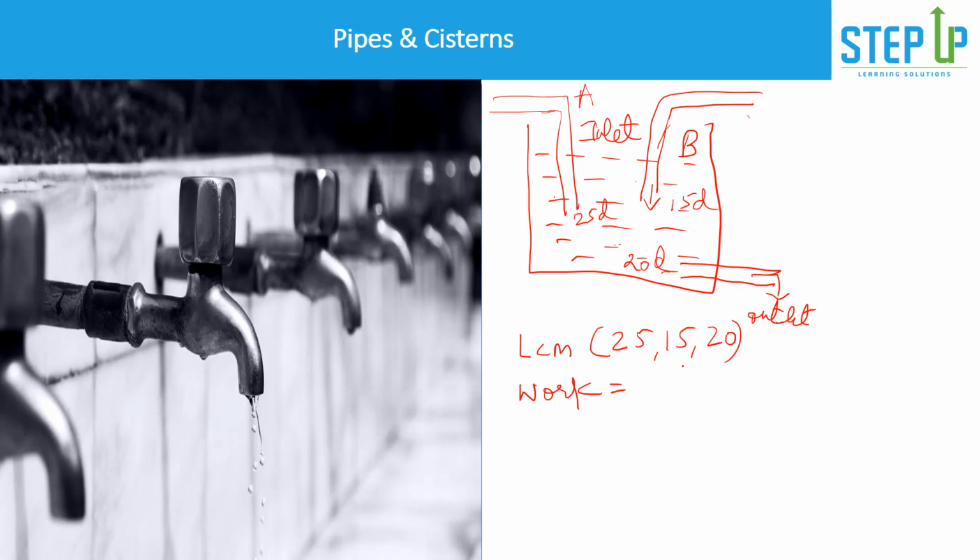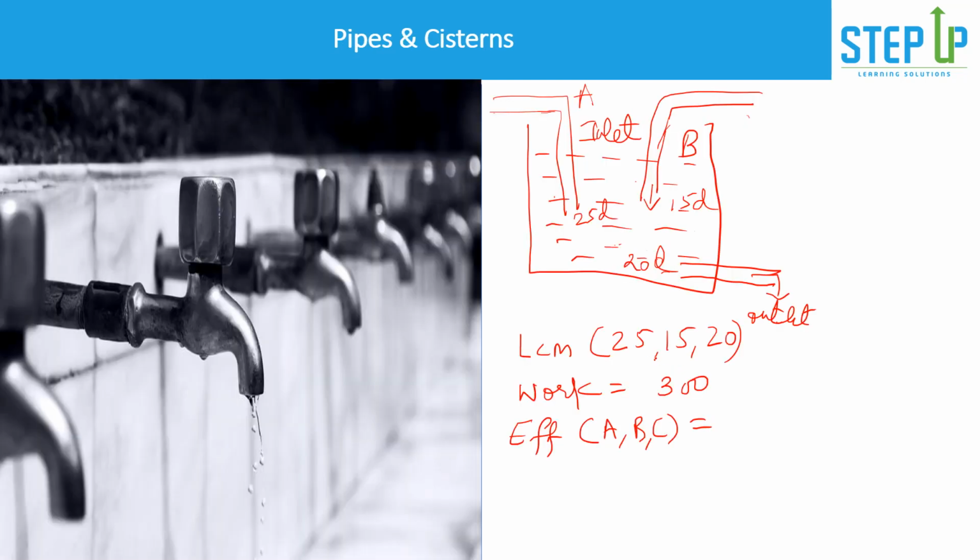Okay. Now what do you do next? Let's assume this is 300, because I want to ease out my calculations. That means I can calculate the efficiencies of these pipes. Efficiencies of A, B and C would be how much?